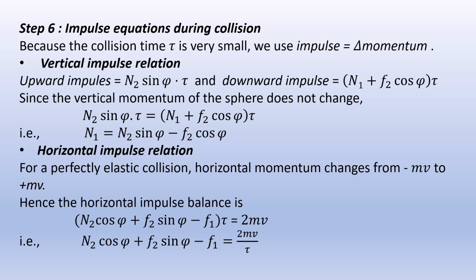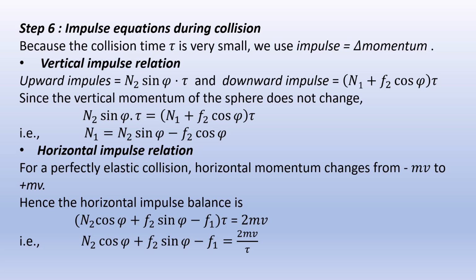Now let us identify all the horizontal impulsive forces. The horizontal component of N2 is N2 cos phi, and the horizontal component of F2 is F2 sin phi, and F1 acts in the opposite horizontal direction, so it appears with a minus sign.